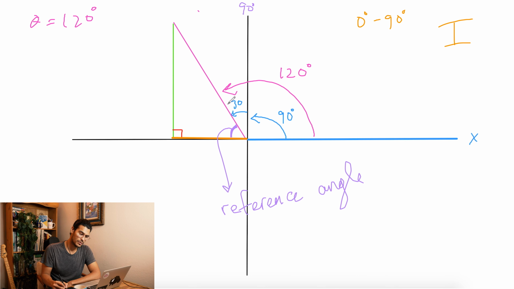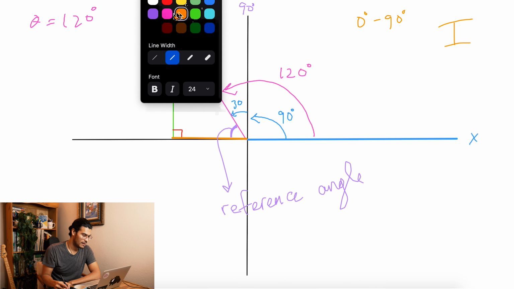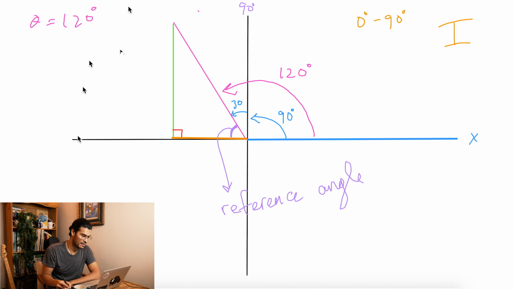Okay? And the way we're going to find a reference angle, if this is 120 to get to there, right? We know every quadrant of an XY plane has 90 degrees. Therefore, over here, this is 180 degrees, right? Well, if we've gone 120 degrees from this blue positive x-axis, how many degrees short are we of getting to 180?